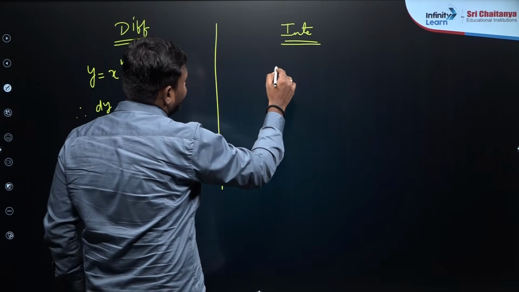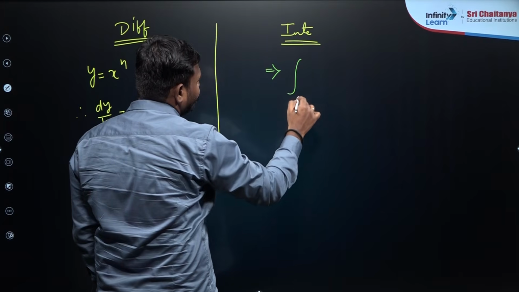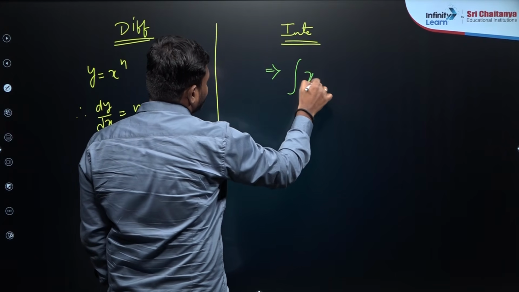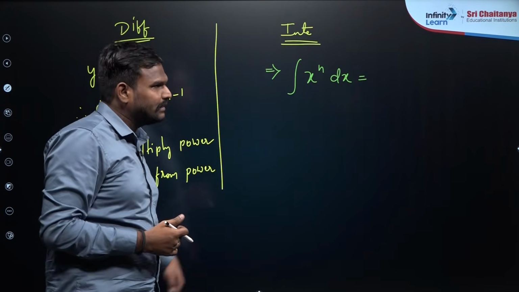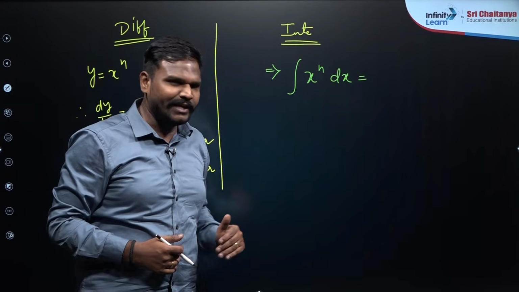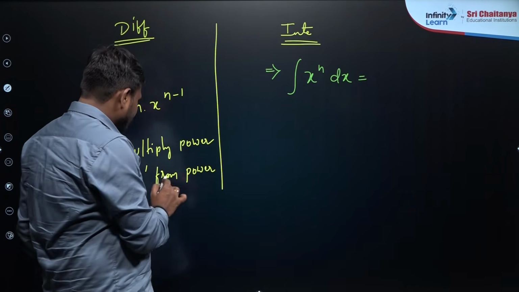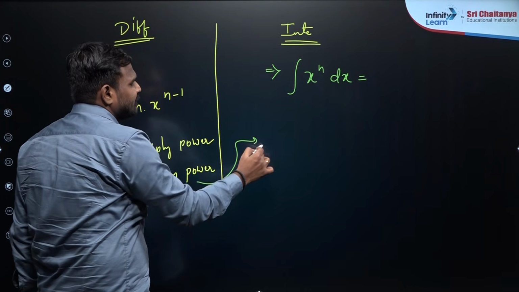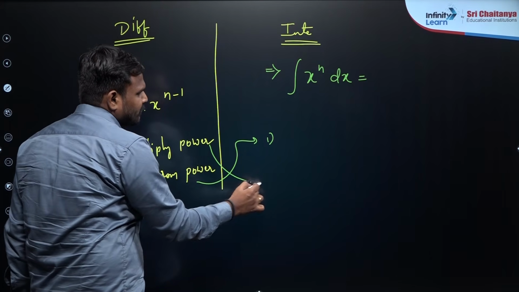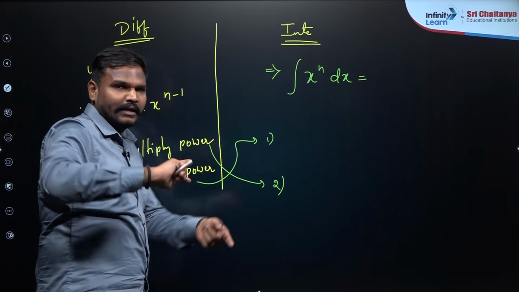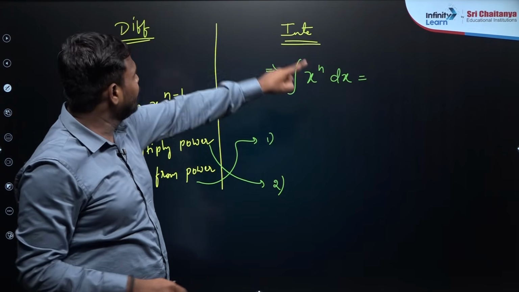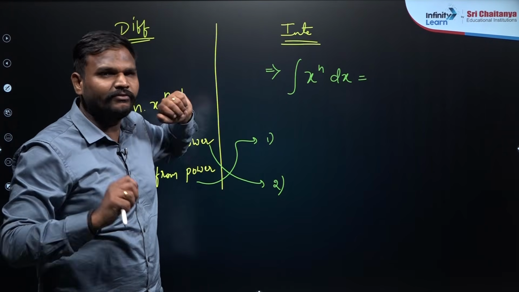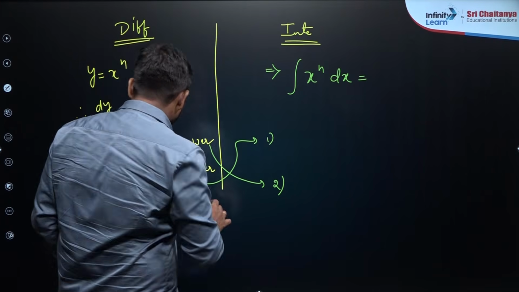So what is happening now? Let us see. Integral of x power n dx. Let us say the question is in the form of x power n dx. Now the second step should be the first step here, and the first step should be the second step here, in the exactly opposite sense. So what do we do?